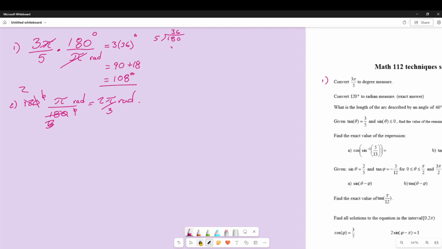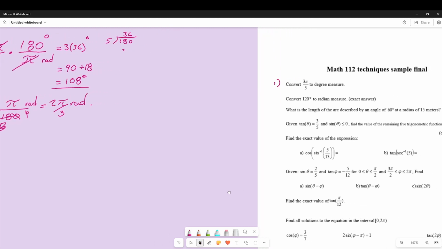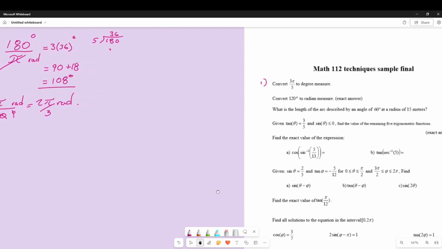We want to know the length of the arc described by an angle of 60 degrees at a radius of 15 meters. So we've got a circle, so third one. We've got some circle, has a radius of 15 meters, and we're going through an arc of 60 degrees.